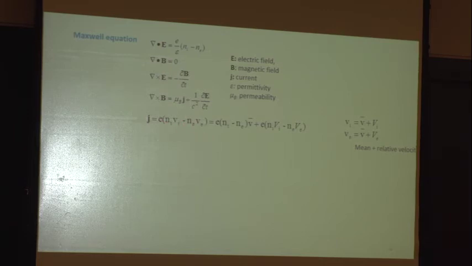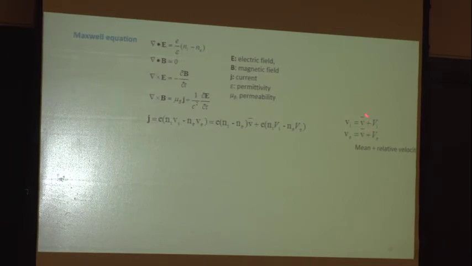If you redefine, we define the ion velocity as equal to the mean velocity plus a diffusion velocity, just the same thing you do in combustion. My velocity of species i is equal to the mean velocity plus the diffusion velocity. We can write down the ions and electrons like that.